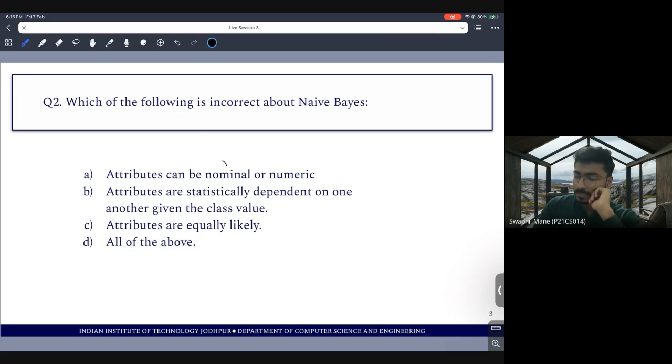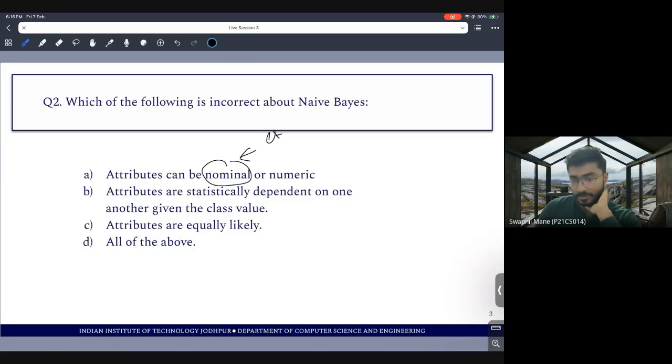Here, the nominal represents a categorical, okay, categorical, or we can take it as explicit classes. The numeric is where continuous values are there.